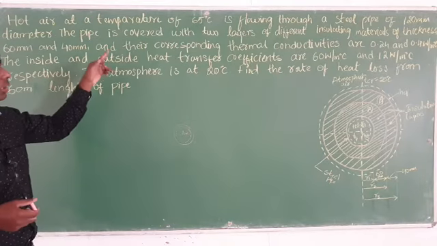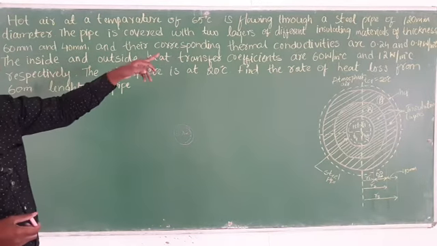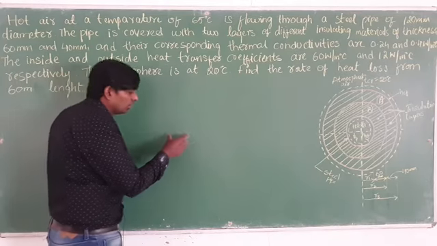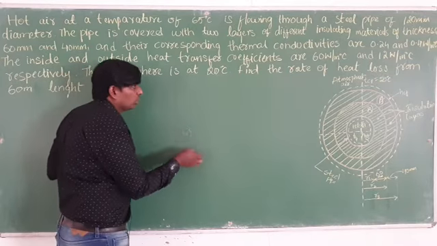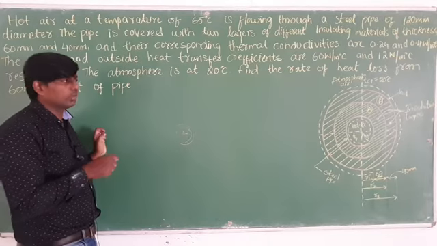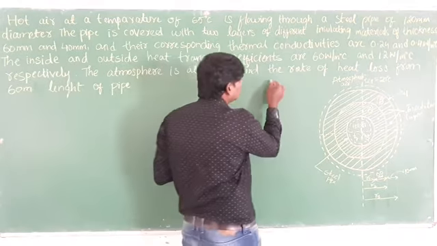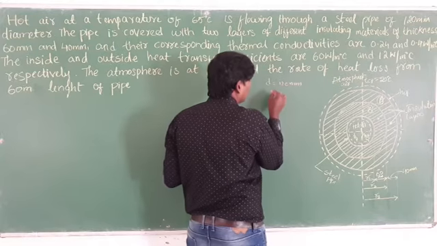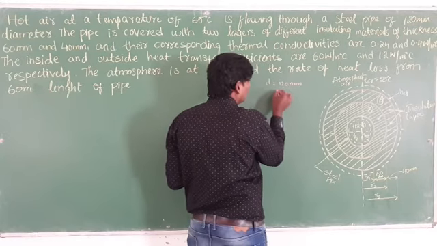The hot air at a temperature of 65 degree is flowing through a steel pipe of 120 mm. The diameter of this steel pipe is given as 120 mm. So here I will write the diameter: D1 is equal to 120 mm. First you have to convert it into the radius.